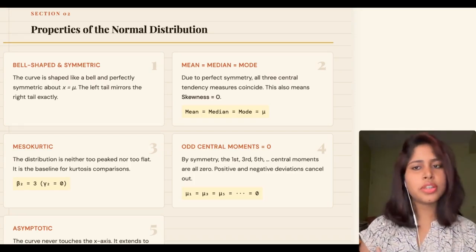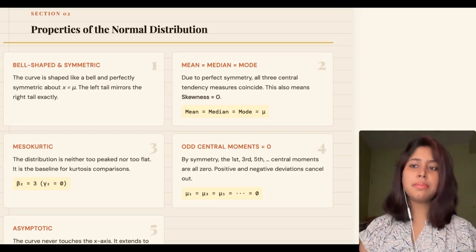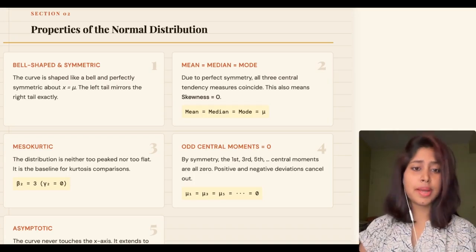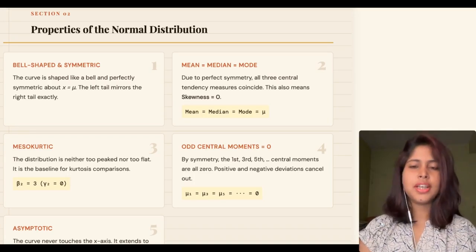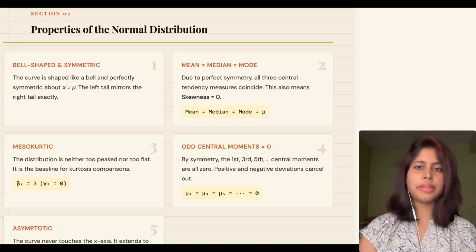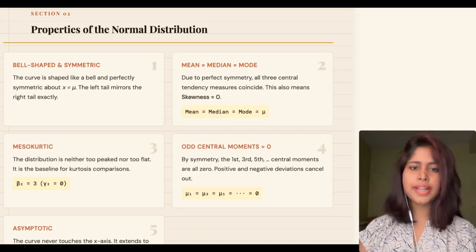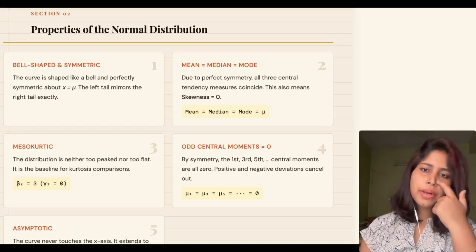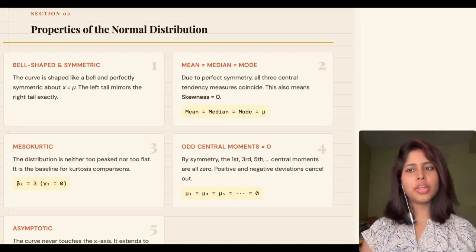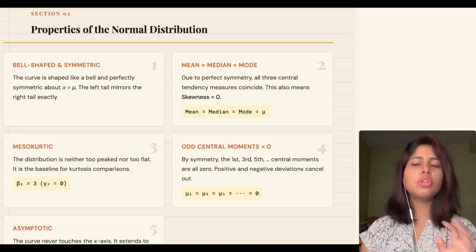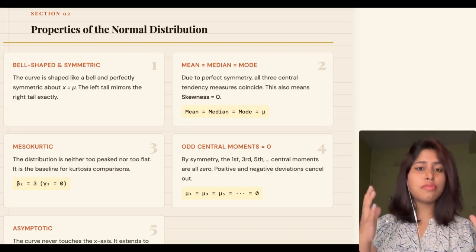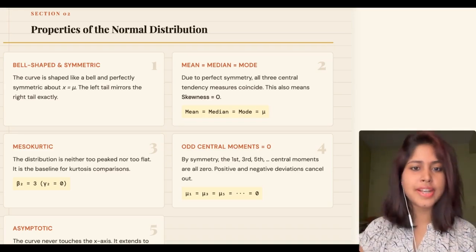Now let's go through the key properties one by one. These are important, okay? They come up in every exam, like every application is important. So let us look at the first property. Property 1 is bell shaped and symmetric. The curve is shaped like a bell and is perfectly symmetric about the vertical line x equals to mu. This is very important, which holds great meaning.